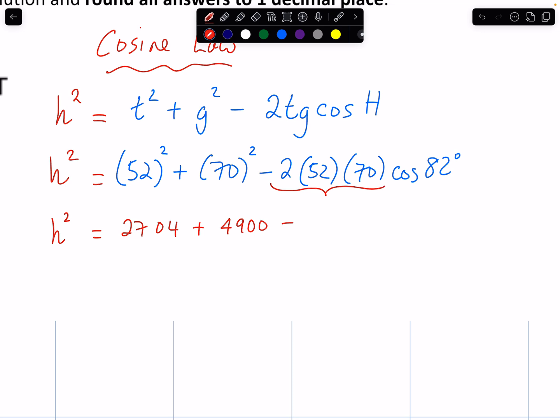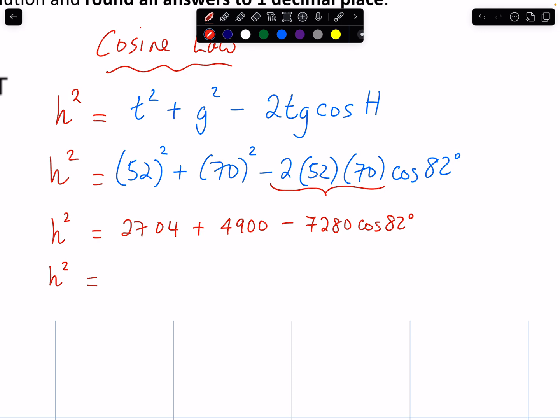Next we're going to do this part right here and then cos 82. So 2 times 52 times 70 is 7280, times cos 82 degrees. Next step, you can actually plug all this in at once, and that's also acceptable.